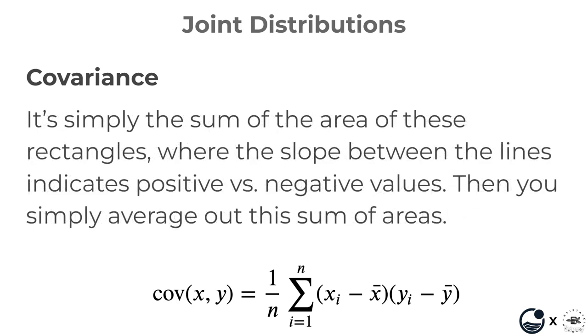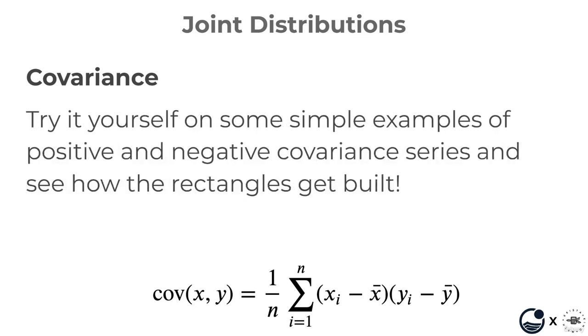So in review, covariance is simply the sum of the area of these rectangles that you then average out, where the slope between the lines is going to indicate whether it's a positive area value or a negative area value. And then just, again, simply average out the sum of those areas. I would highly encourage you to try it out yourself on some simple examples of positive and negative covariance series.